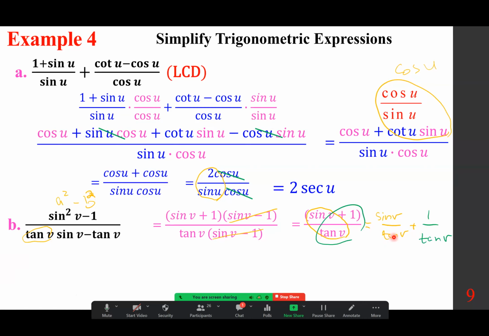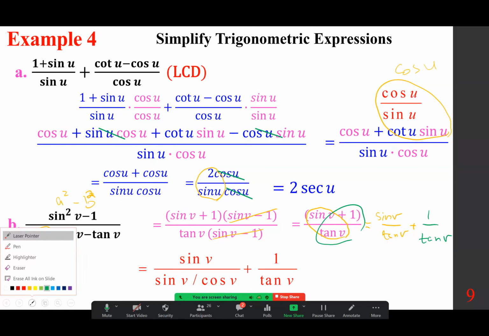We're going to change, well, this one clearly is cotangent. This one, if we change the tangent to sine over cosine, see what happens. We need to simplify this. If you see the answer is cosine, so be it. If not, I'm going to write it so it becomes clear. Let me rewrite this. This is cosine v.